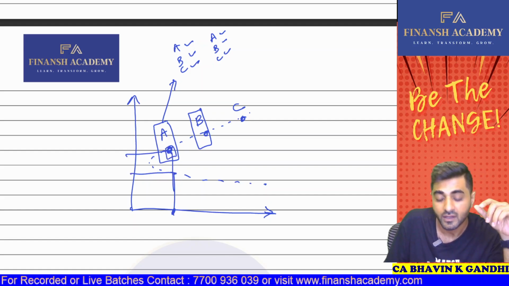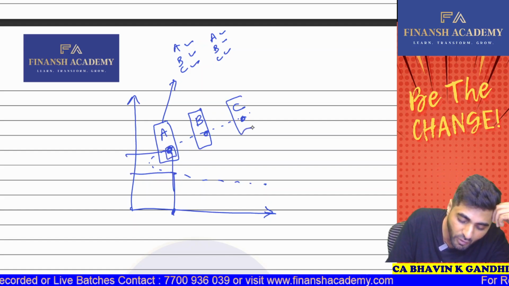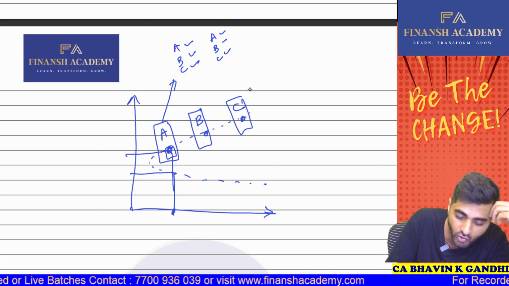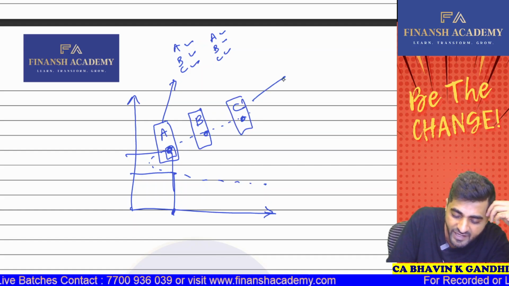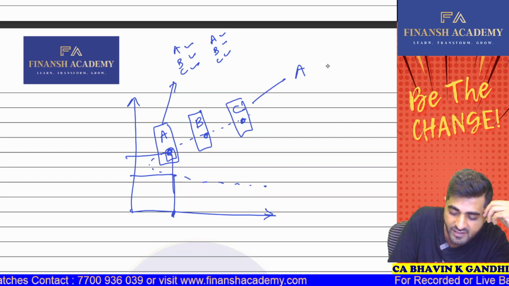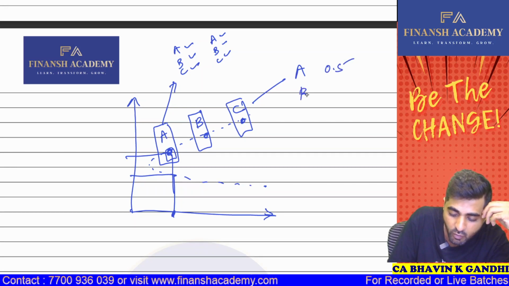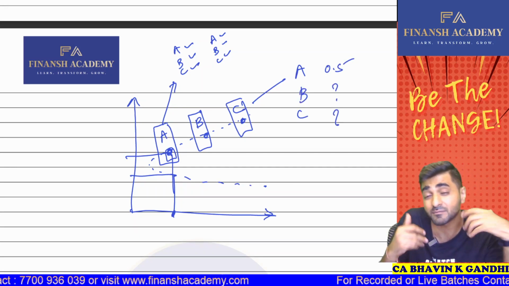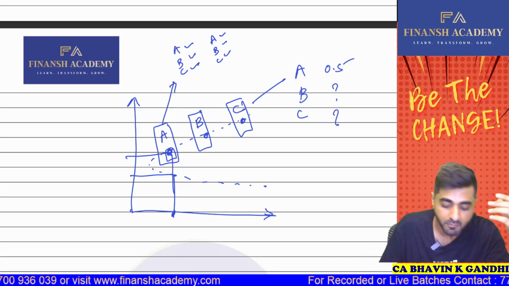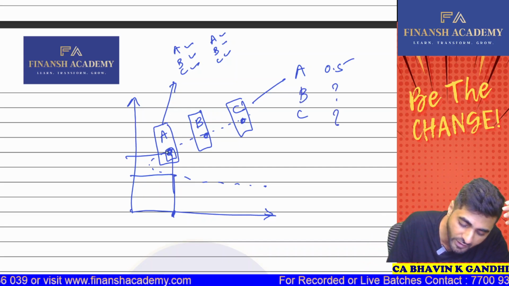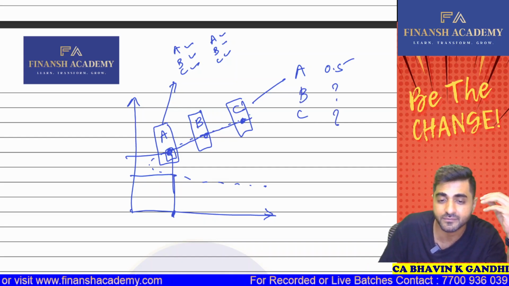Now you want to make one more portfolio C, and you just know that the weight of security A is 0.5. So what should be the weights of B and C? This is something we need to find out. But we want to keep all these portfolios on the efficient frontier.